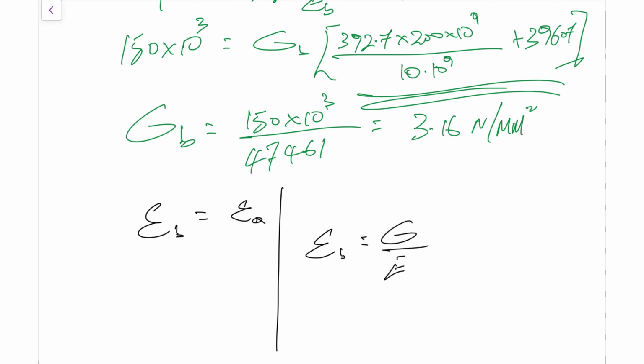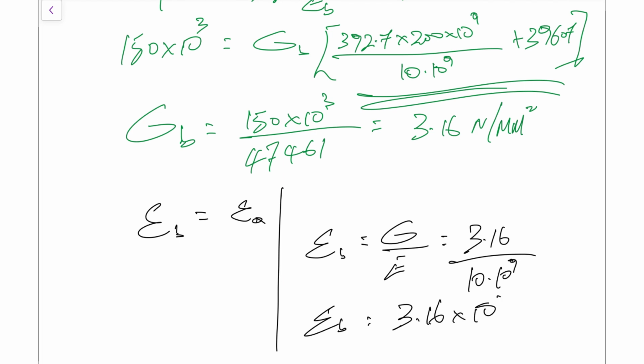So the stress that we just found for B was 3.16, divided by 10 times 10 to the power of 9. And that will give us a strain of 3.16 times 10 to the negative 4. And the unit there is none because it's just a ratio.